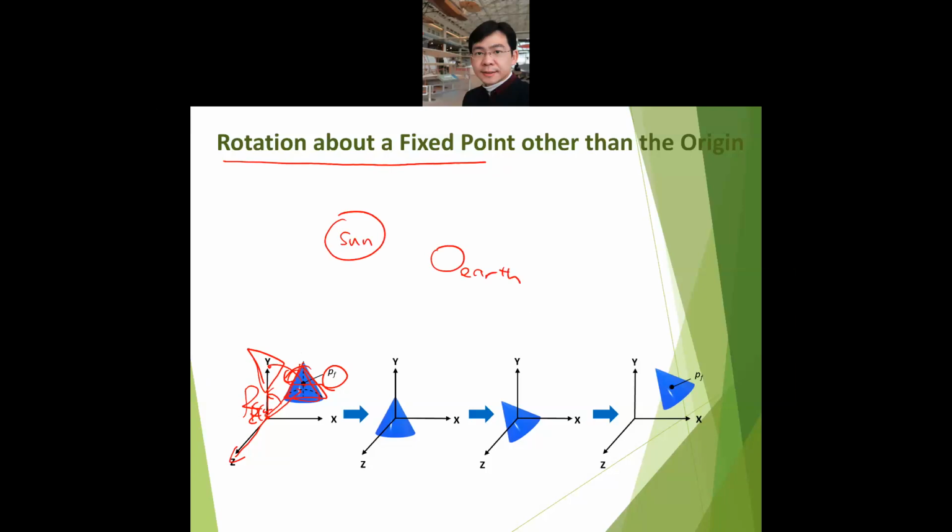I think most of you know that our Earth will rotate around its rotation axis, right? In Chinese, we call that 自转. And at the same time, it will also perform another rotation.